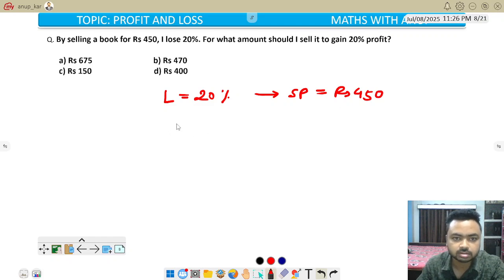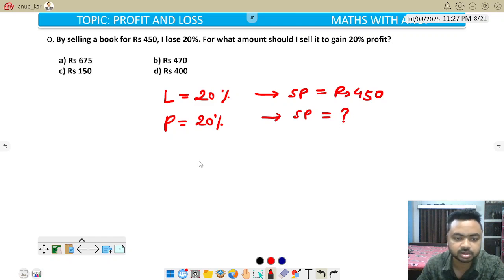Now for what amount should I sell it to gain 20% profit? So for profit 20%, what should be my selling price?